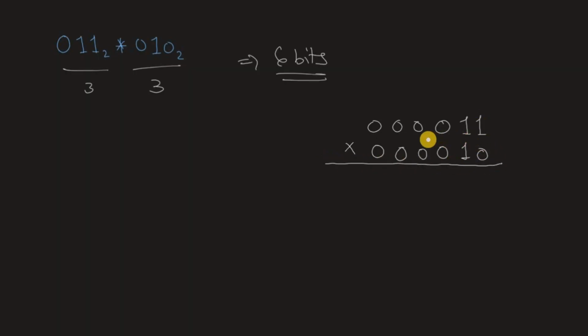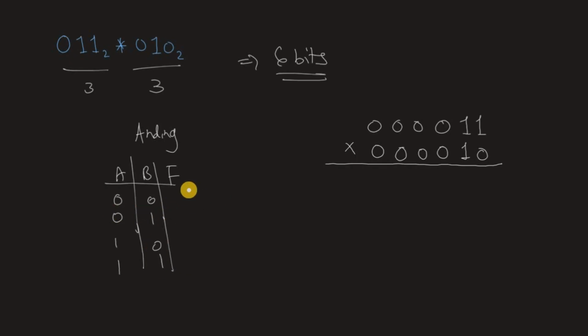Just like usual. But here you're not multiplying, you're actually ANDing them. Remember the AND truth table, when you have A, B, and F. Every time you have both of them equal to 1, then it's a 1, otherwise it's all zeros.